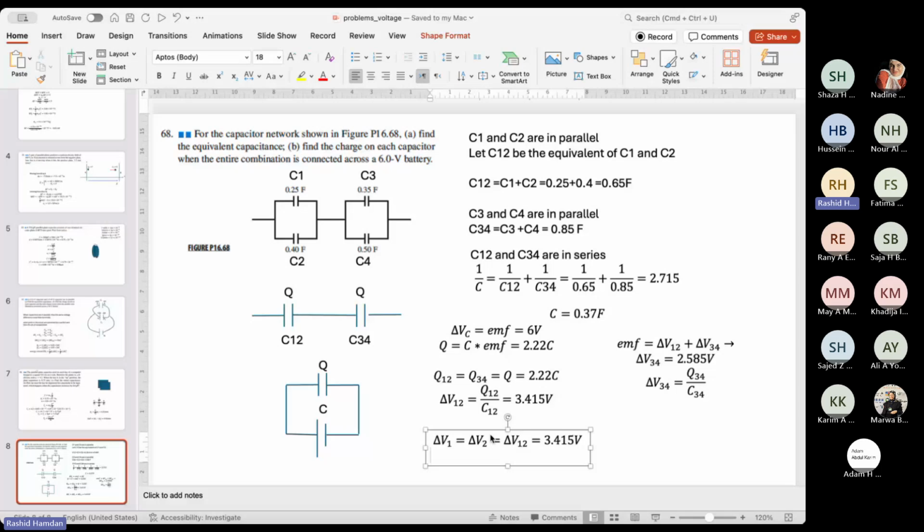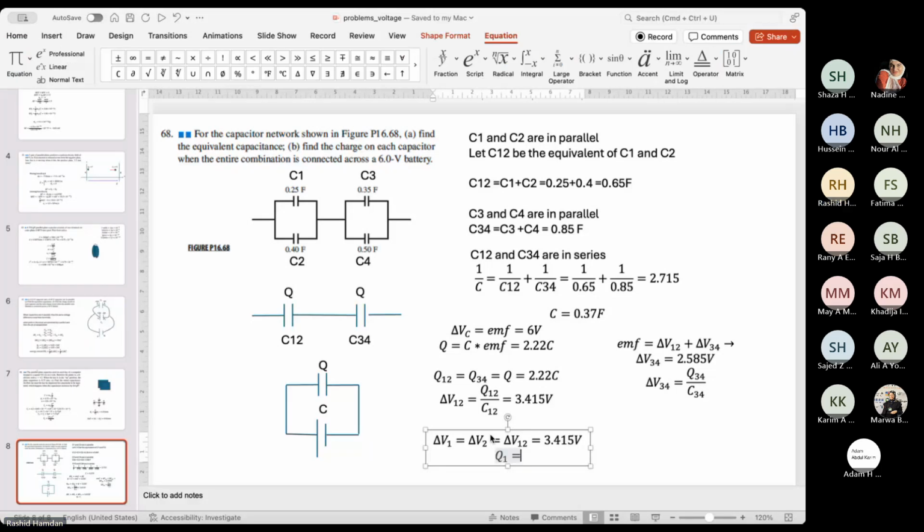So I can find Q1, the charge on 1, which is equal to delta V1 times C1. So it's equal to 3.415 times C1, which we said is 0.25, so that's 0.854 coulombs.